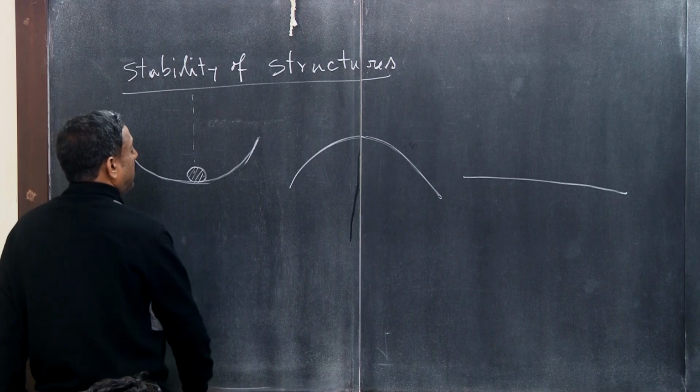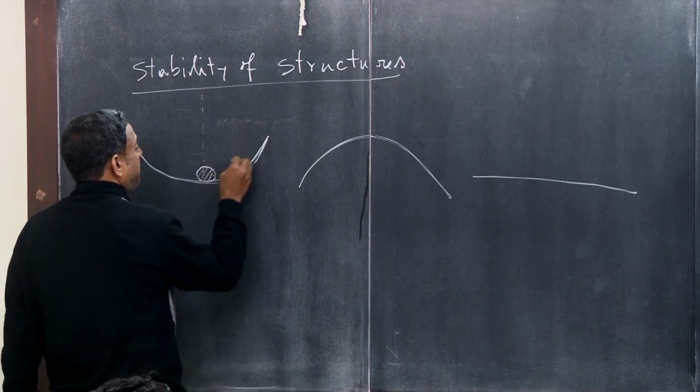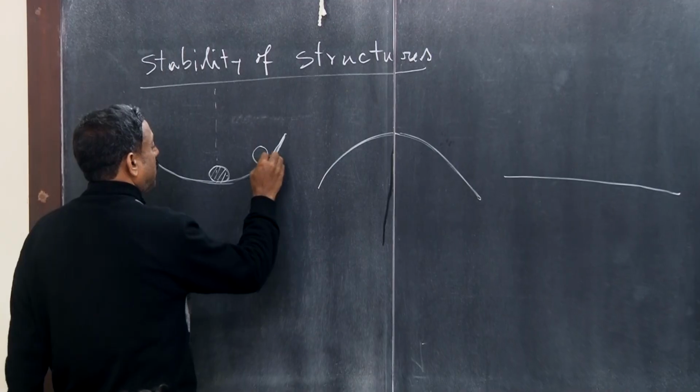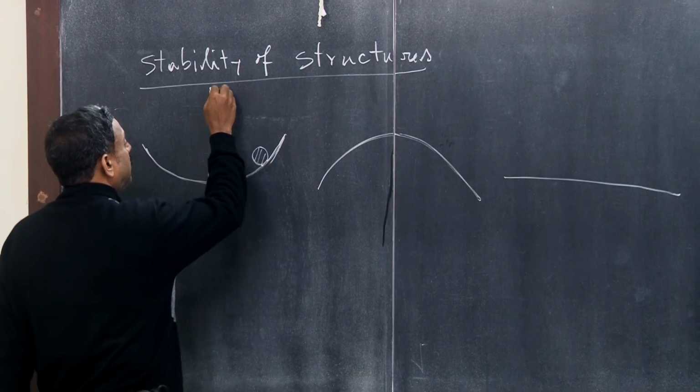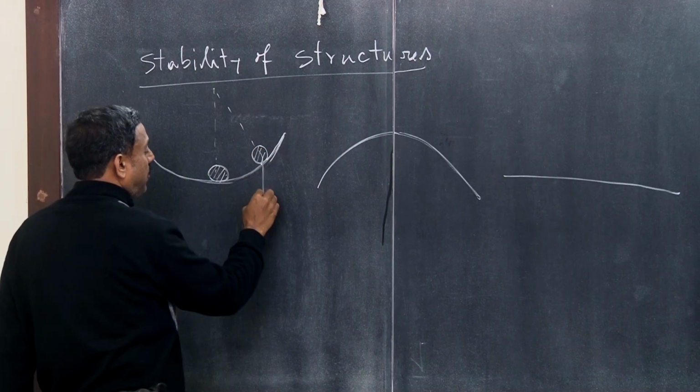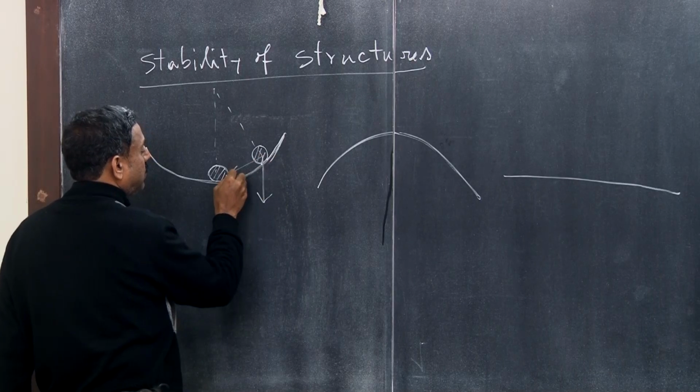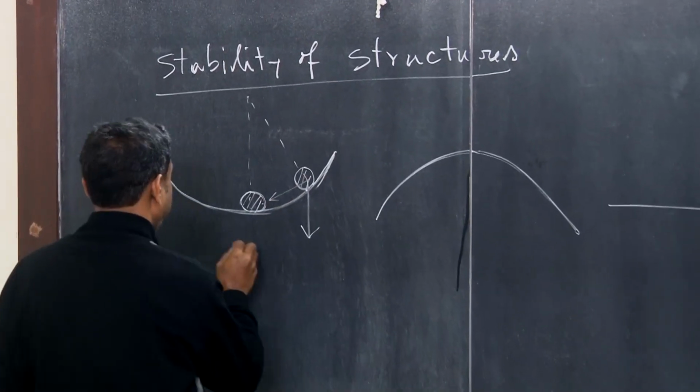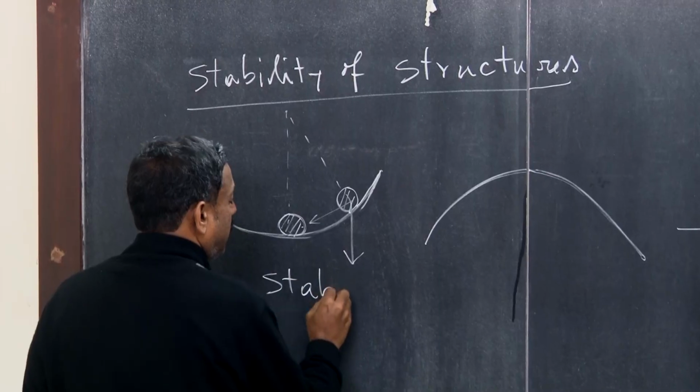Then if you perturb this ball, because of the component of its weight, it will come back to its original configuration, and that is why it is a stable configuration.